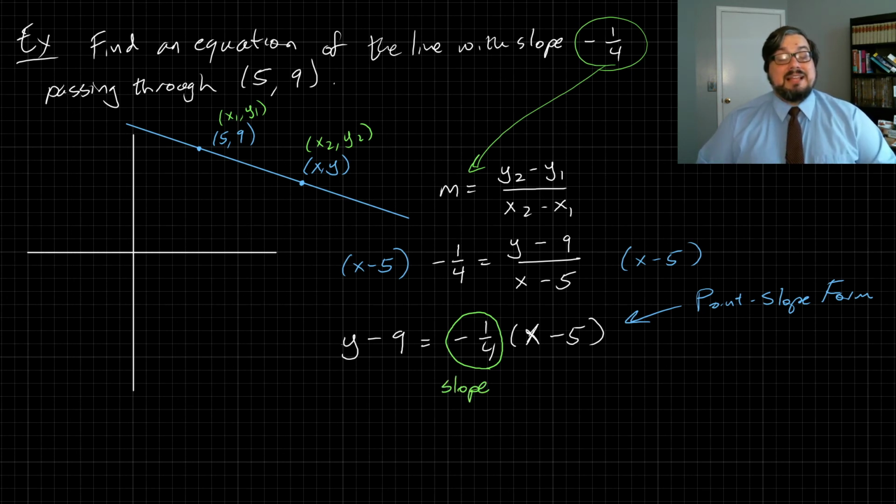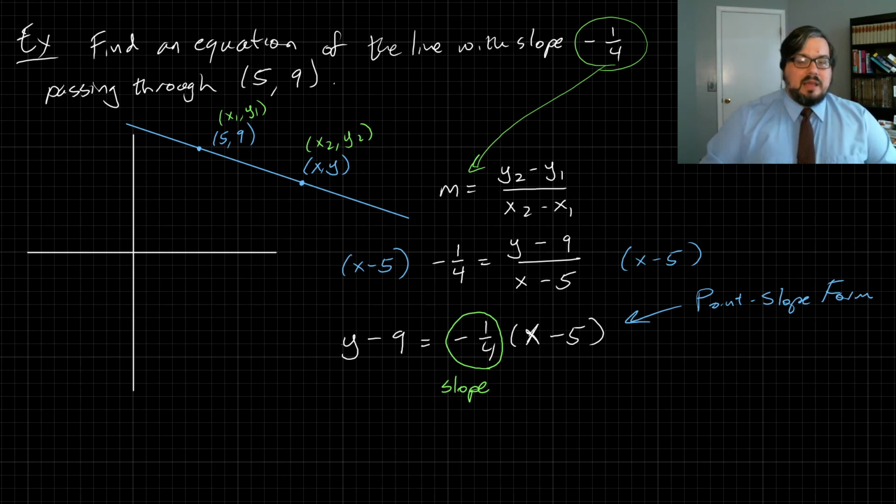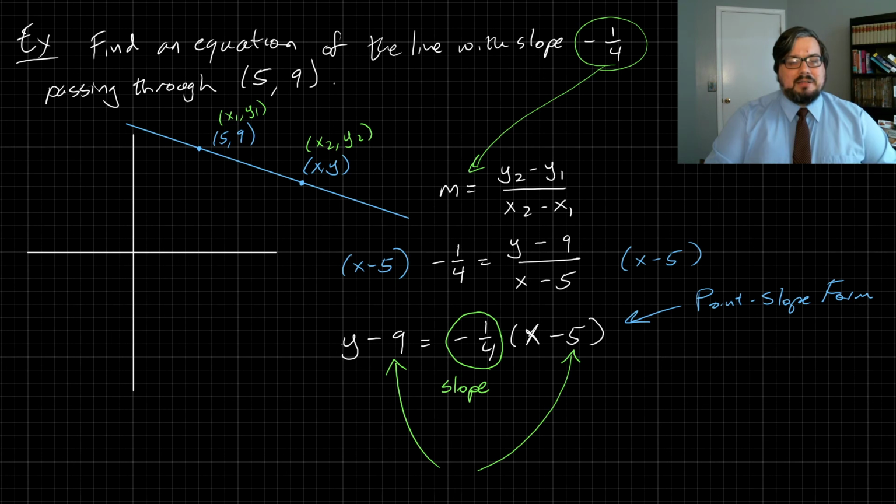And if I replace that negative 1/4 with any other number, that number would still show up in this position. And my 5 and 9 came from the point that I had up here, and they show up in these two positions for the equation.